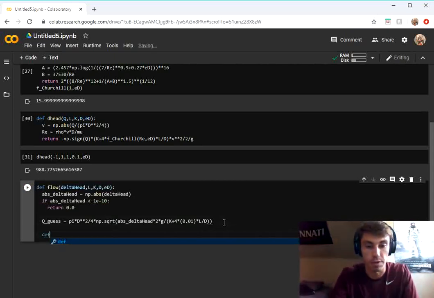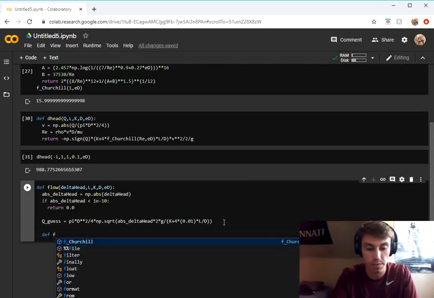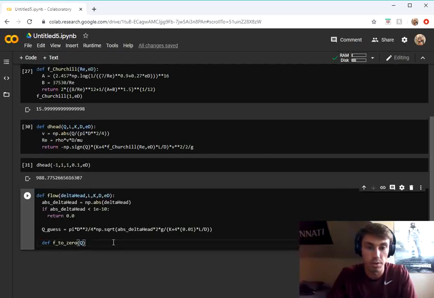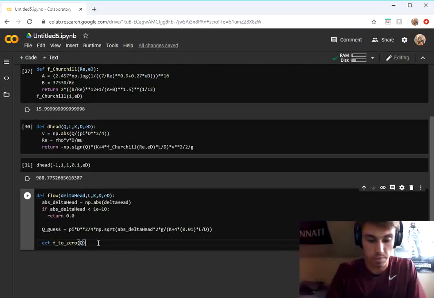Here we can define the function f to 0, and this is going to make our d head equation that we did earlier equal to our delta head equation for the known.